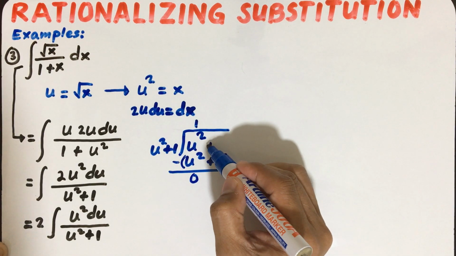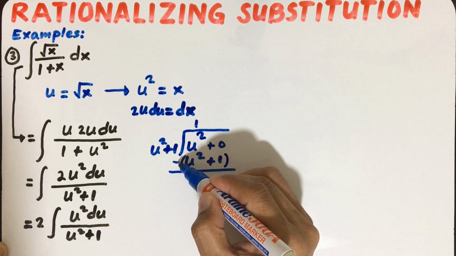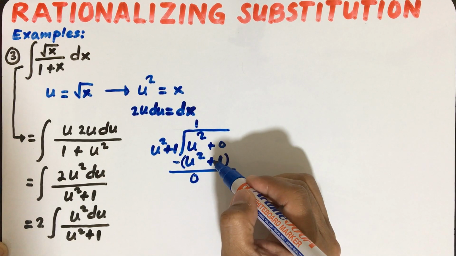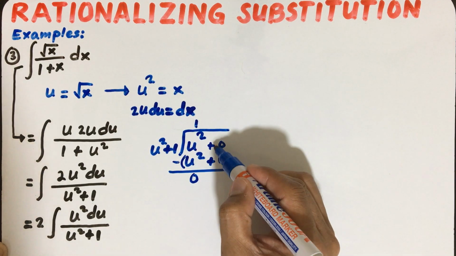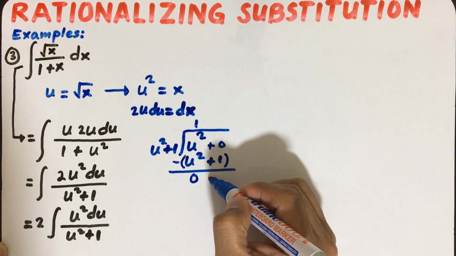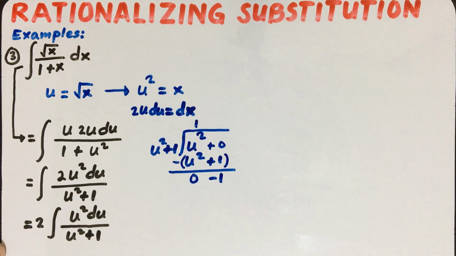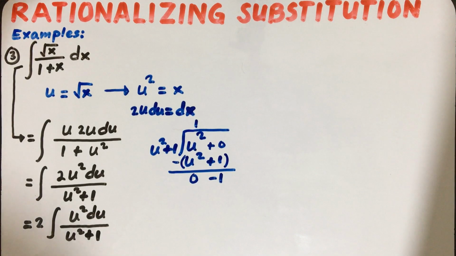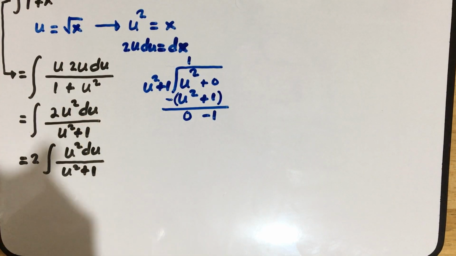So this one is understood to be 0 here. So 0 minus 1, so when you combine the two, we have negative 1. Okay, so therefore our expression now, alright, so let's substitute it here.